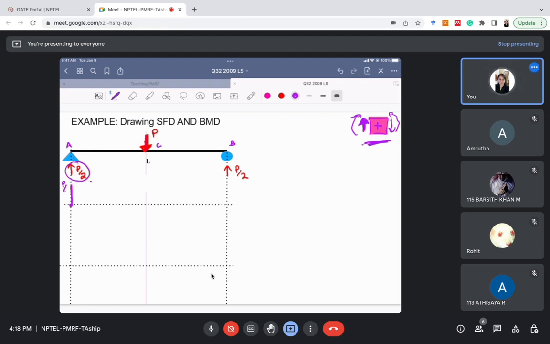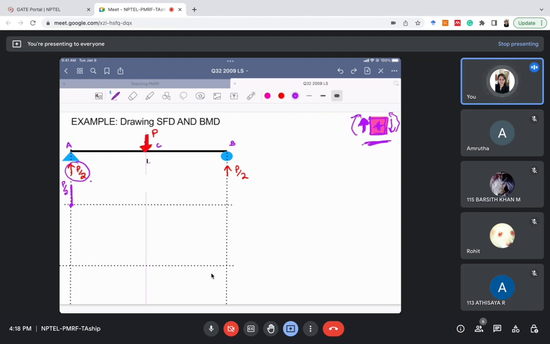It is P by 2. Why have we drawn it upward? Because we are following this sign convention. On the left side it is upward, so we have drawn it as positive, P by 2.